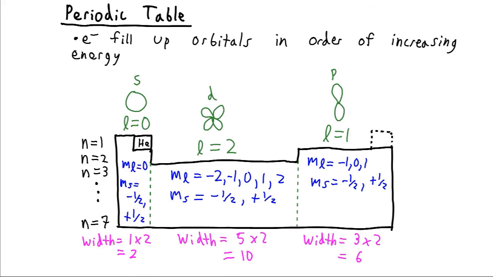Because if, for example, we consider the alkali metals or the alkaline earth metals, their outer electrons are all in these s orbitals, which are similarly shaped. And for the alkali metals, that s orbital is half filled. For the alkaline earth metals, it's fully filled. And that accounts for their strong similarities in chemical behavior.